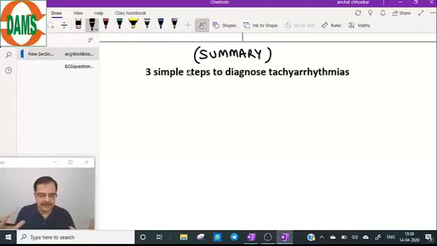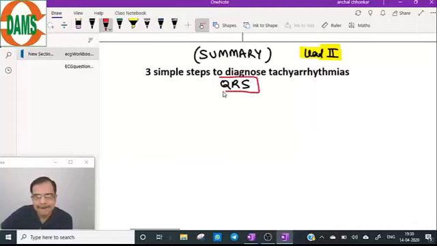Whenever an ECG is given to you, remember, focus mainly on lead 2. The first step is the QRS complex.